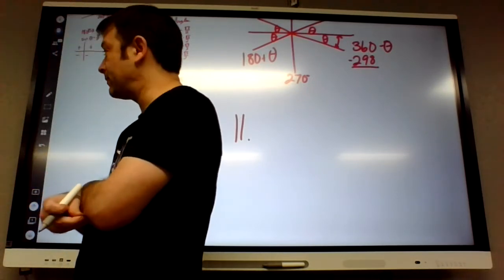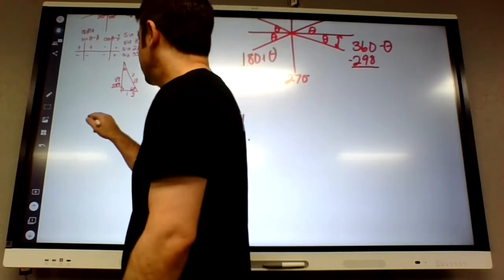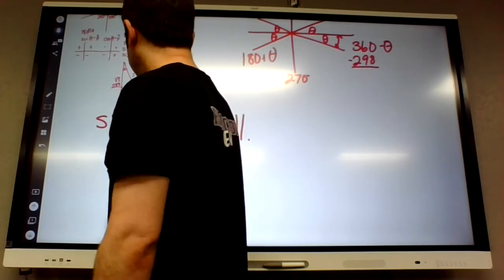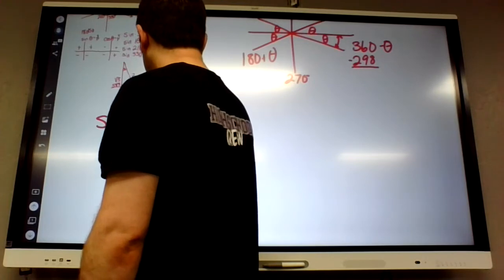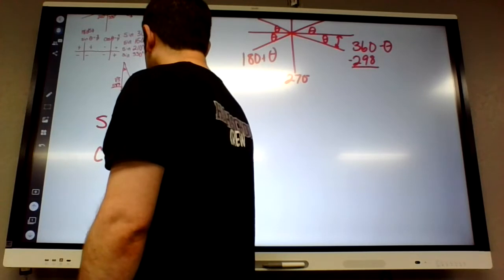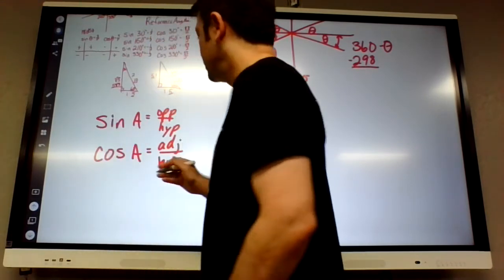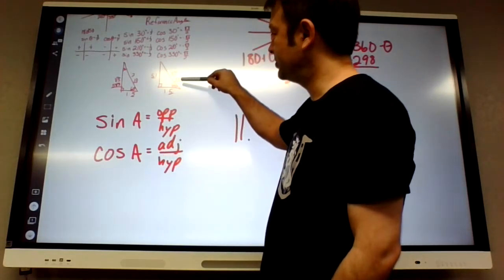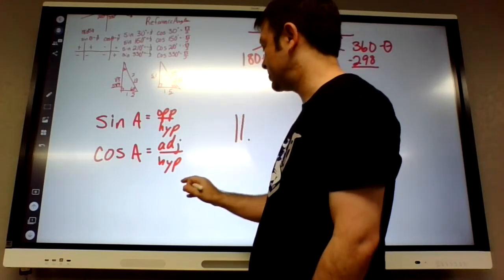Okay, give the exact value for each expression. Cosine of 45. So, do you guys remember SOHCAHTOA, right? Cosine of 45 would be adjacent over hypotenuse. The adjacent is 5, the hypotenuse is square root of 2.